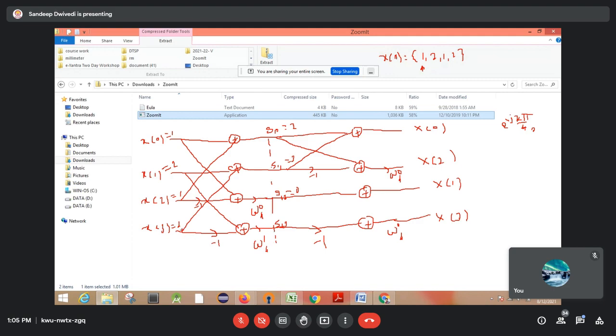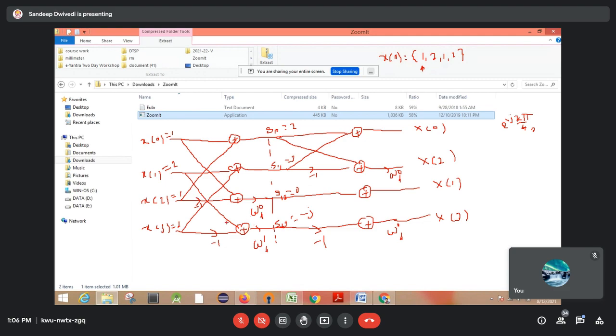Okay, so this will be 1 into 1, so this will be minus 1 into minus j, meaning whatever answer you are getting, you can multiply with the minus j. So this will be minus 1 and this is a 2, so the answer will be 1 multiplied by minus j. Here you will get the answer of this simply 1 into minus j, so it will be minus j.